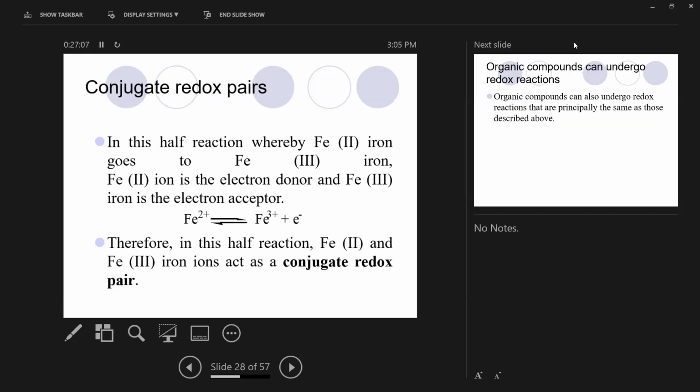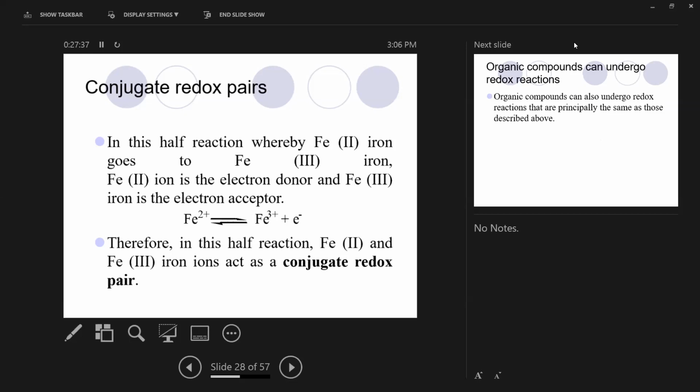Now, we call this sort of half reaction a so-called conjugate redox pair. Iron 2 and iron 3 act as a conjugate redox pair. Now, can organic compounds undergo oxidation reduction reactions?